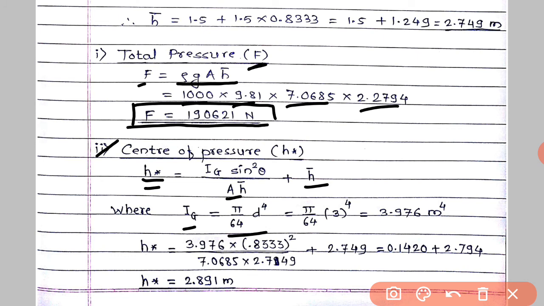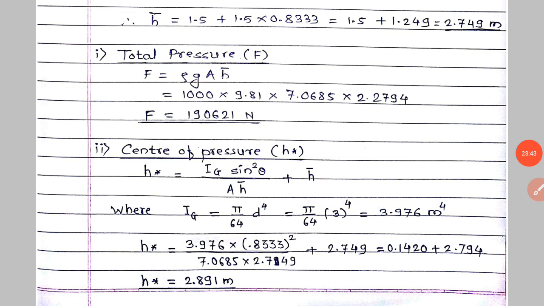So pi by 64 into 3 raised to 4, this value comes as 3.976 meter raised to 4. Now put the value of Ig, sin square theta, A, h bar and h bar in this equation. We will get value of S star as 2.891 meter. So this is value of center of pressure for inclined circular surface.